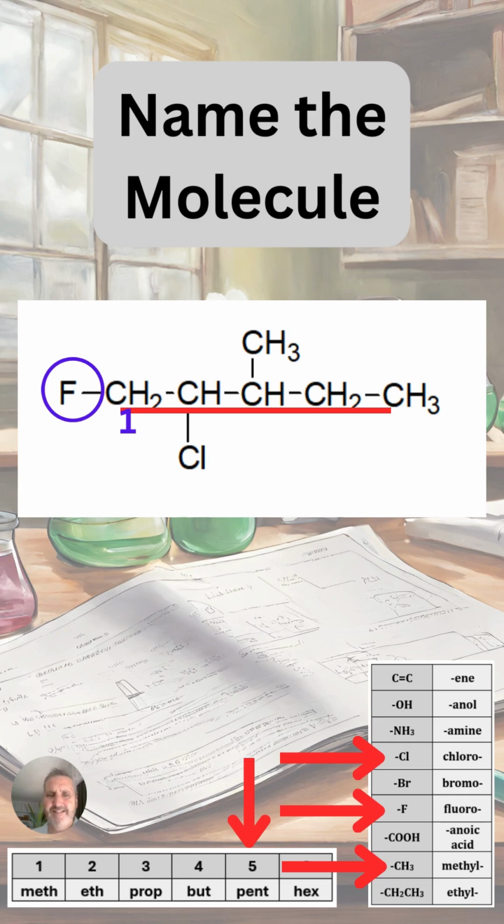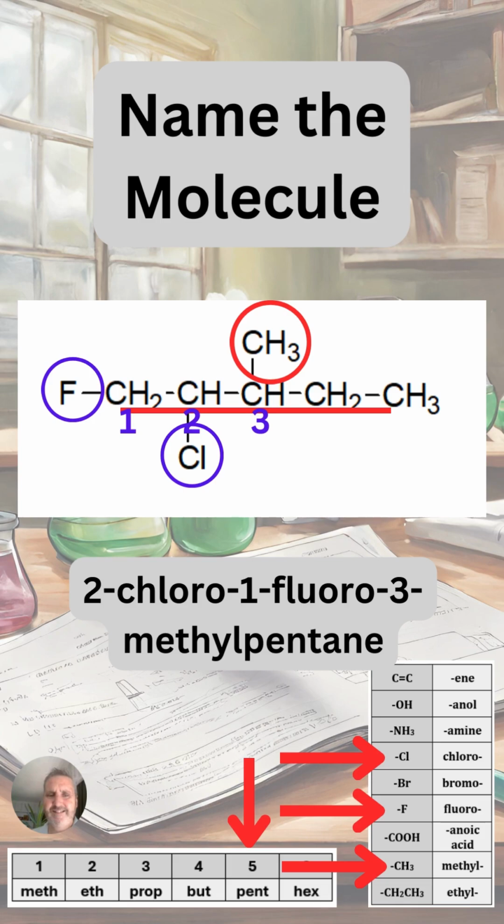We can see the chloro comes off the second carbon, the fluoro off the first, and the methyl off the third. So we are going to name this 2-chloro-1-fluoro-3-methylpentane, and we ensure that it's all in alphabetical order.